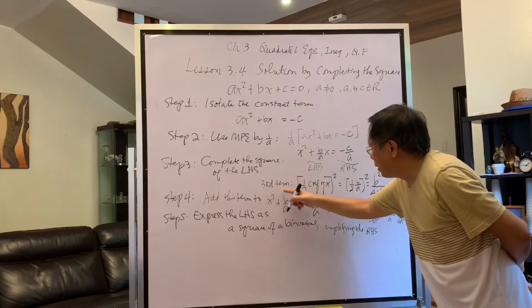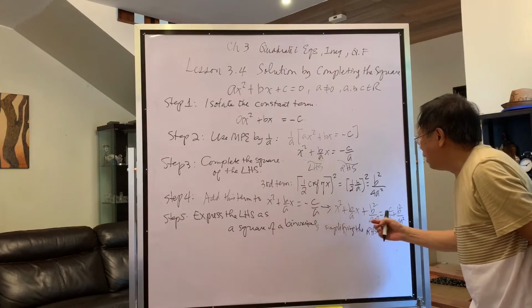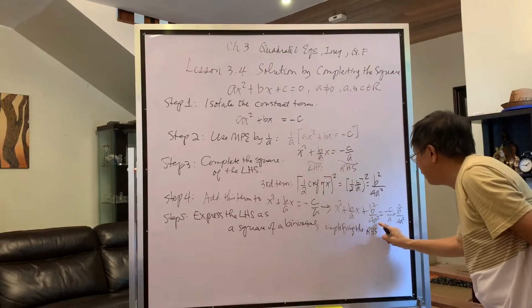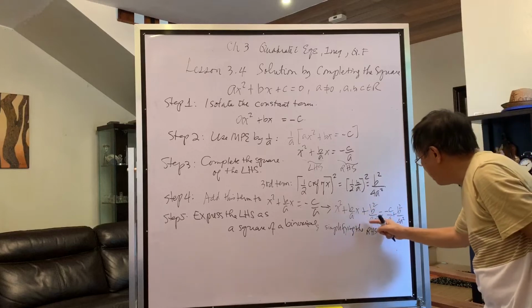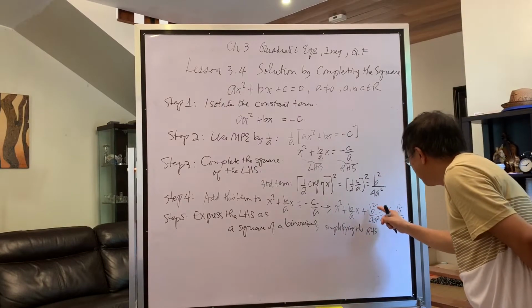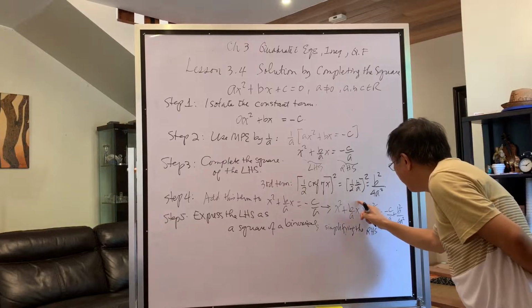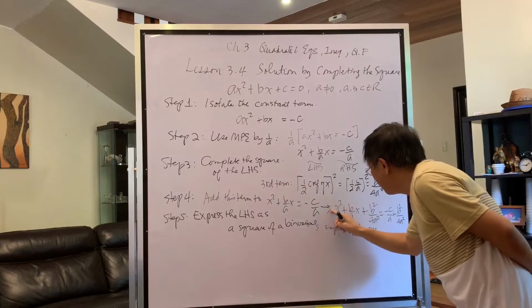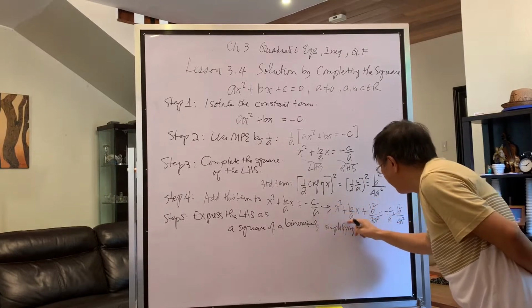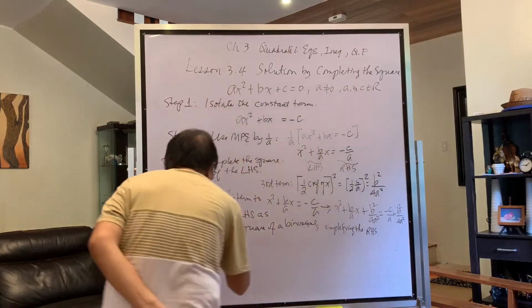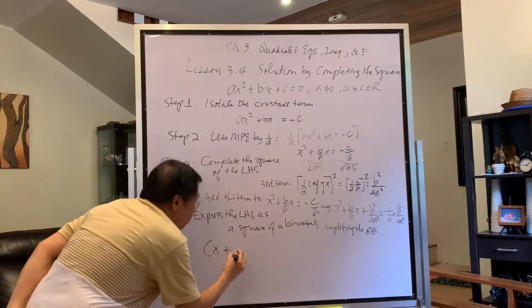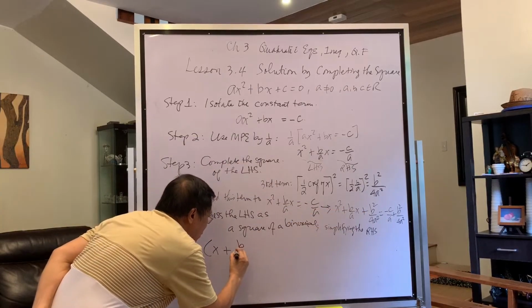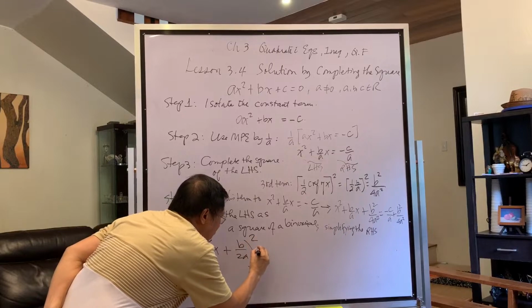When we solved for the third term, we were actually finding the third term that will make this binomial become a perfect square trinomial. And that term is b squared over 4a squared. Adding this term b squared over 4a squared to x squared plus b over a x assures us that the result here is a perfect square trinomial, which we can now write as the square of x plus b over 2a, since the square root of x squared is x, and the square root of b squared over 4a squared is b over 2a.